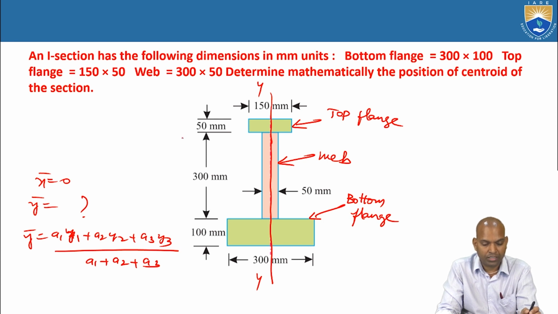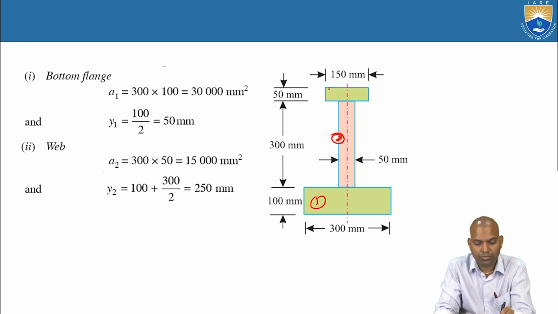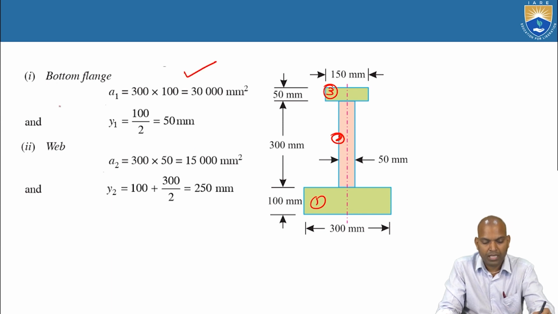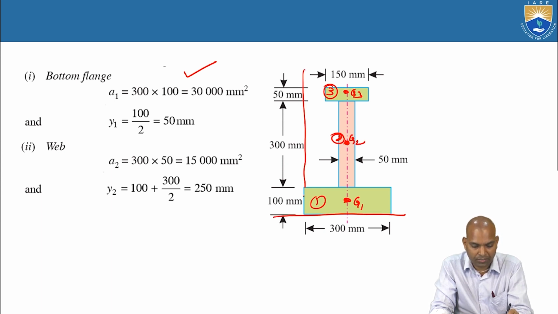Alright, what about A1? Here I think the bottom flange is considered as section 1, the web is section 2 and the top flange is section 3. Find A1 and Y1. The area of section 1, the bottom flange, is 100 times 300. And what about Y1? This is G1, this is G2, here it is G3. This is the reference axis. First locate the reference axis.